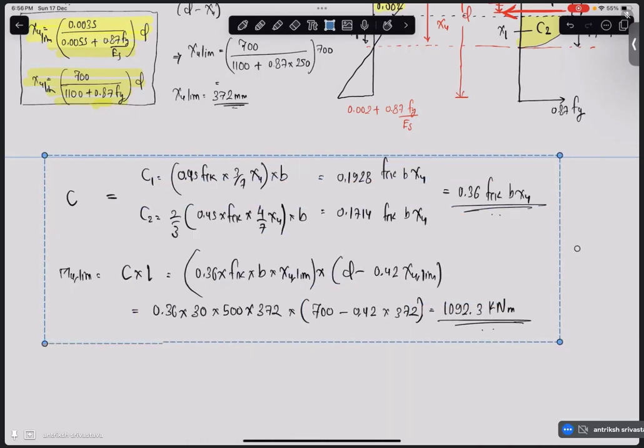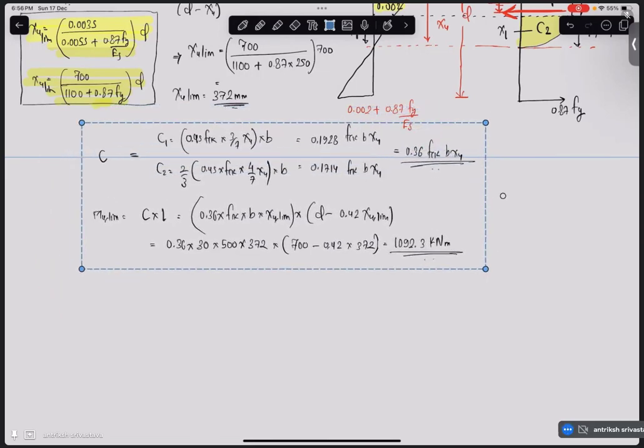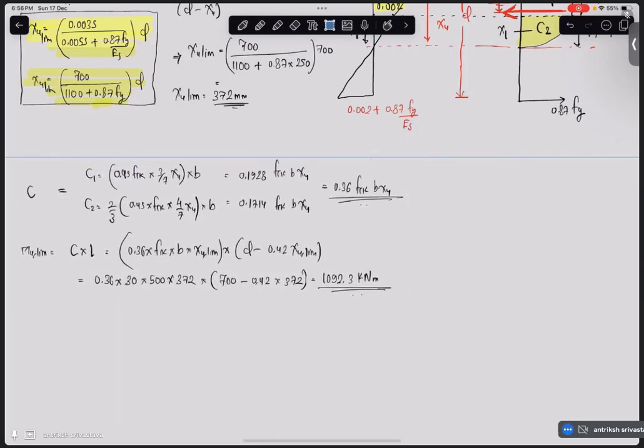So this big amount of moment it can resist when you talk about limiting moment of resistance. But what else do we see here? This is not actually the amount of bending moment that is being put on this particular beam. We are only putting 300. So Mu limiting is much greater than Mu that is put on this particular beam. That means we have to design an under-reinforced beam.